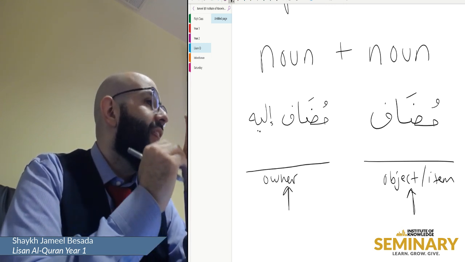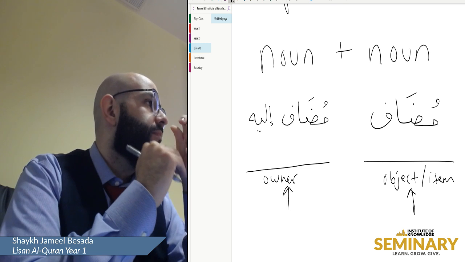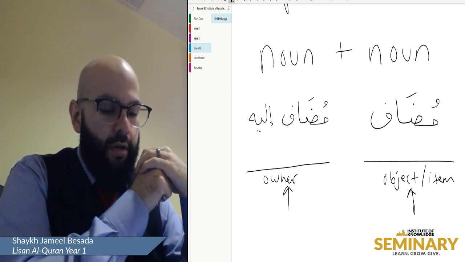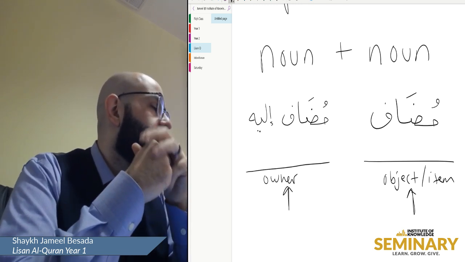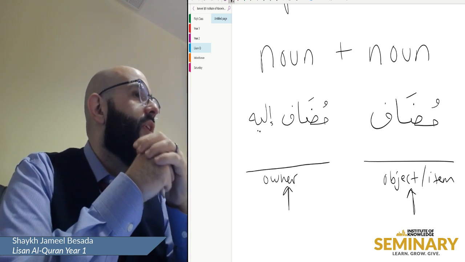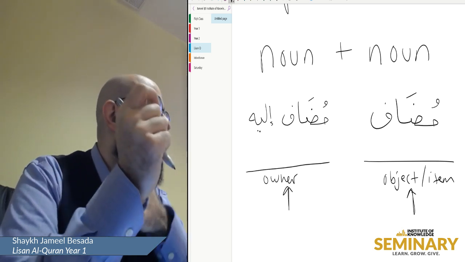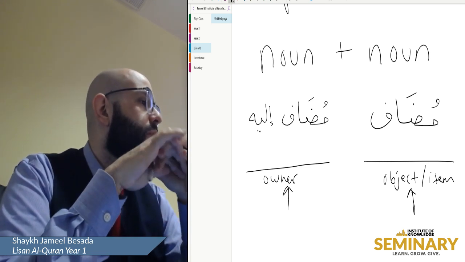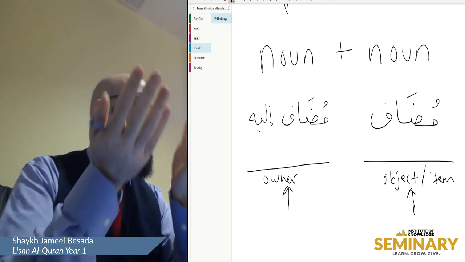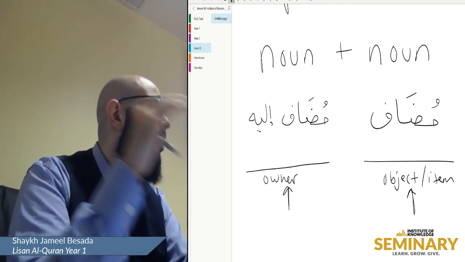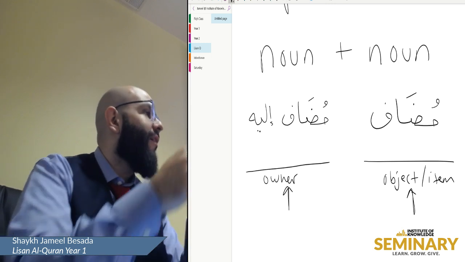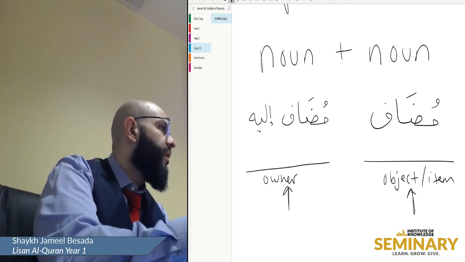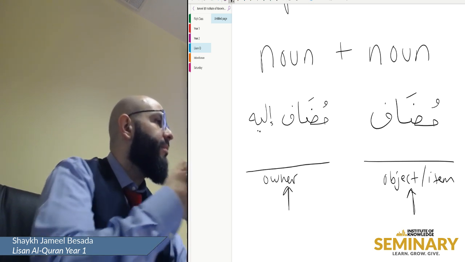Mudaf, the thing that's being ascribed, yani attributed to something. The mudaf ilayhi is harf jar ila, right? So the thing that's being ascribed to, meaning the owner. So the mudaf is the thing that's being ascribed to something, a pen, a car, a house, whatever. And the mudaf ilayhi is the thing that it's being ascribed to. A person, a thing, an owner, something like that. Okay?